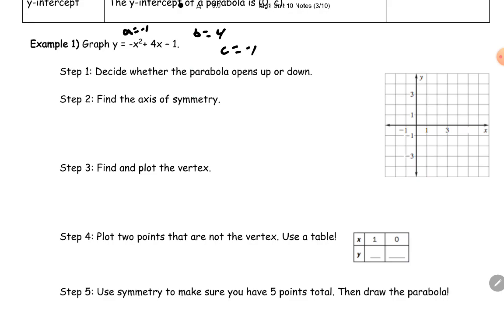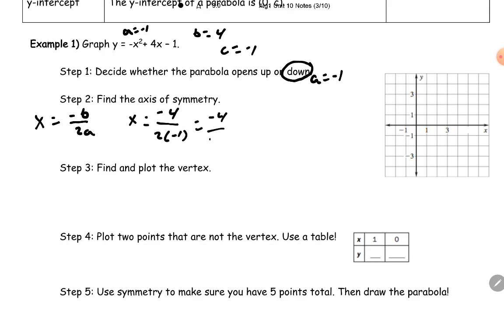So we want to decide whether the parabola opens up or down. So that looks at our a value. Our a value is negative, so it opens down. Find the axis of symmetry. So we have the equation x equals -b over 2a. Okay, so x equals -4 over 2 times -1, which is -4 over -2, which is +2.